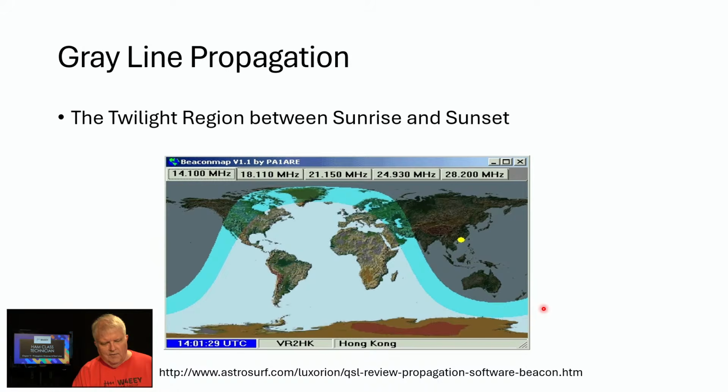And this twilight area varies depending on the season. If you are here, for example, in the United States, you stand a very good chance of making a contact over here in the Middle East, let's say, using gray line propagation. This is especially good for lower frequency bands, 160 meters, 80 meters, even 40 meters. That's called gray line propagation.